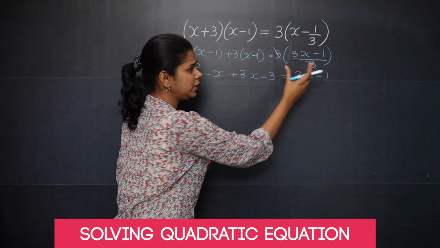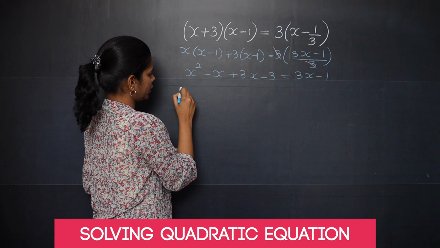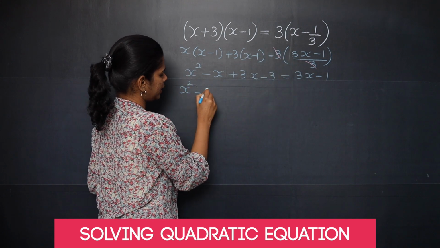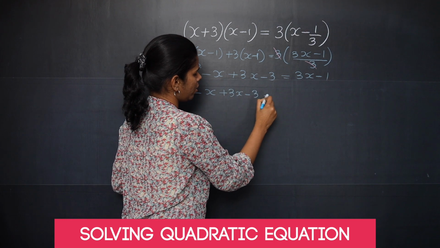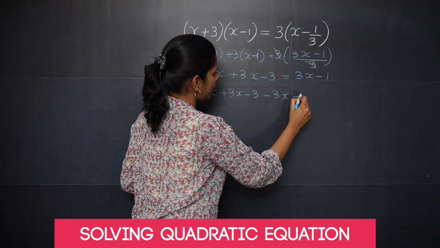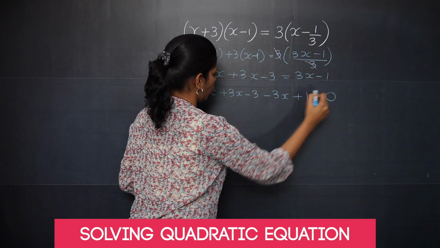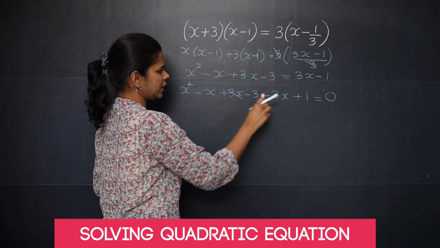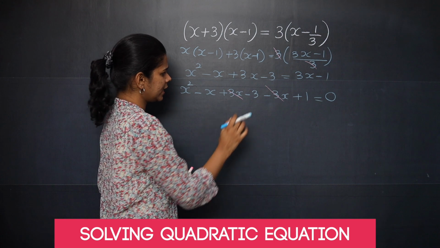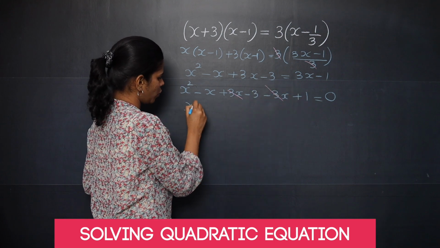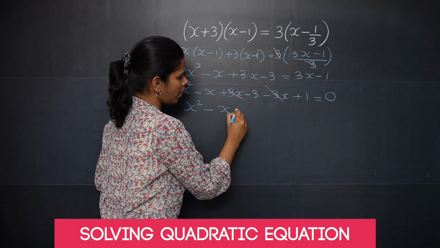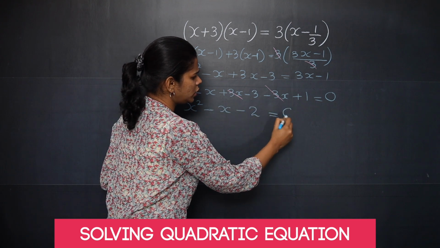Now you are going to bring these terms to the LHS. So x square minus x plus 3x minus 3 minus 3x plus 1 equal to 0. Now this positive 3x and minus 3x get cancelled and minus 3 plus 1 will become minus 2. So x square minus x minus 2 equal to 0.